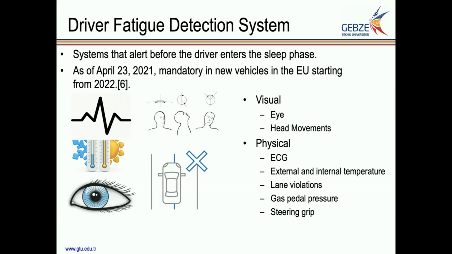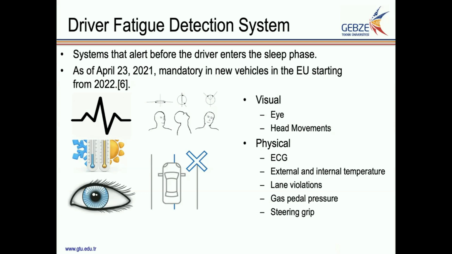So for the physical measurements, people can use ECG and also EEG signals, and also they can get some temperature measurements, and also some of the cars are using external cameras to detect the position of the car by, for example, following the lines on the roads.